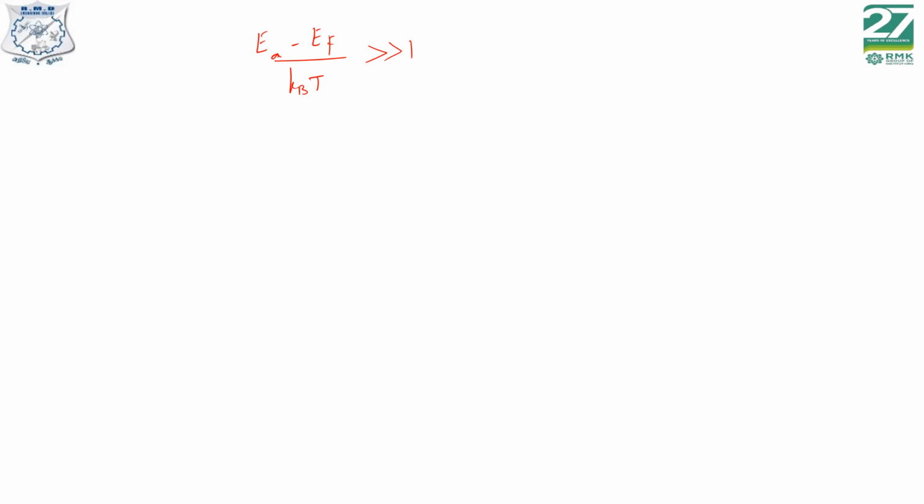So which means what I can say, you look into the F of E equation, exponential of EA minus EF by KBT will be much greater than 1, and so 1 can be neglected. So what will happen to F of EA equation?